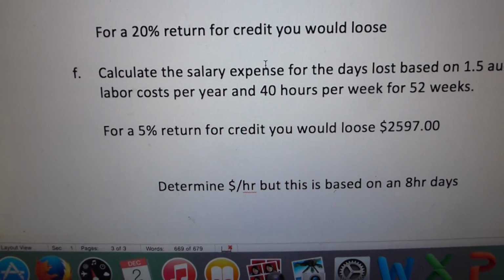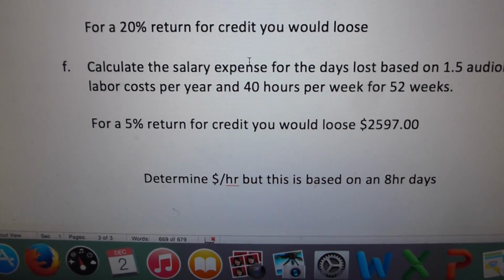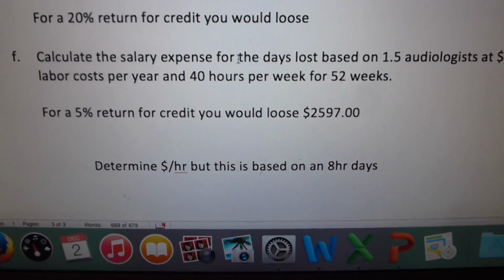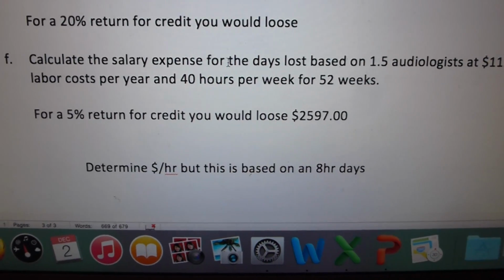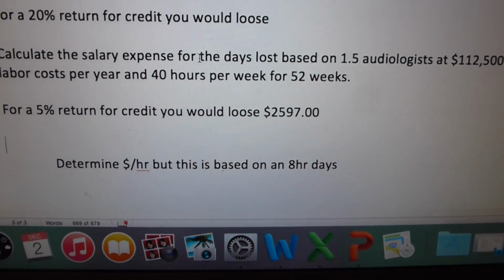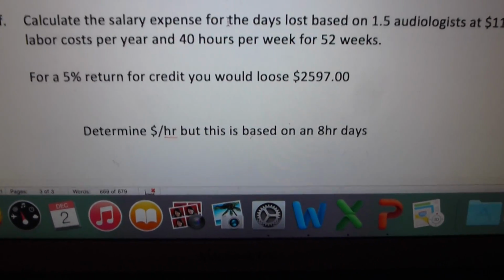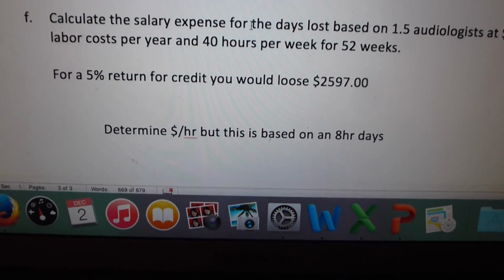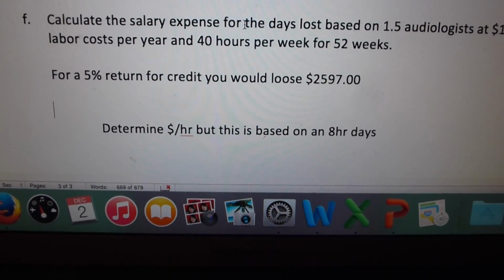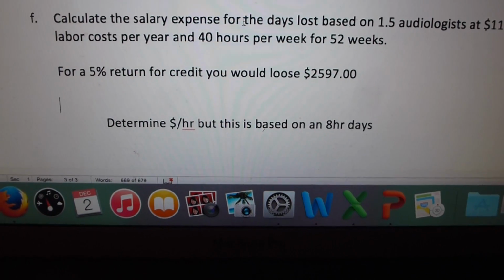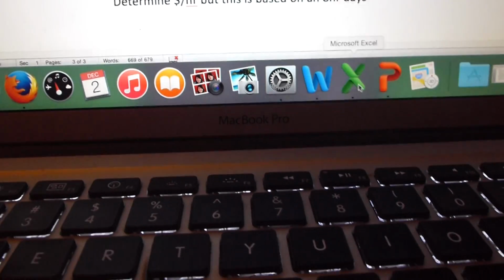Once you get down to F, this is the part that's a little bit trickier. It's saying calculate how much salary you're going to lose for those hours. Now, salary is calculated based on the 8 hours. So I'm going to show you how you would get the hourly rate, and then you honestly just times the hourly rate times the amount of hours you're losing.